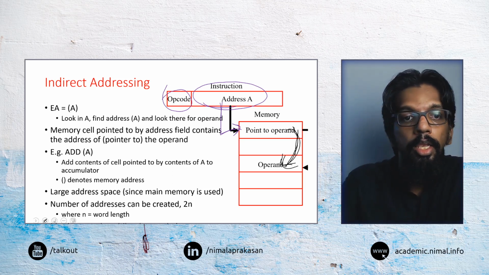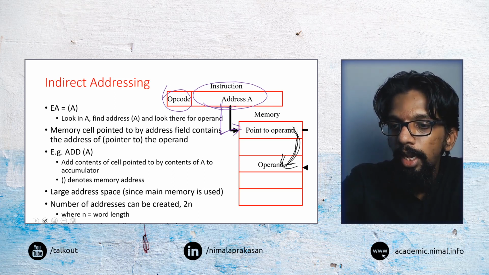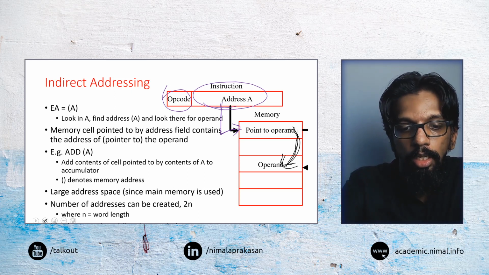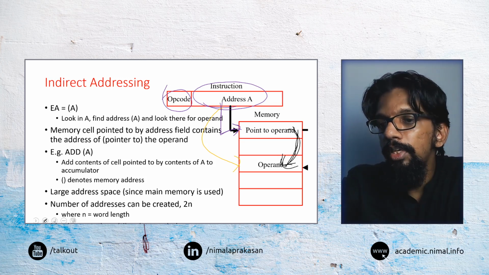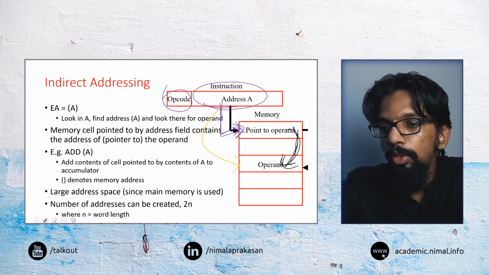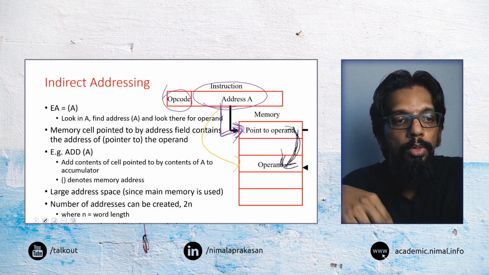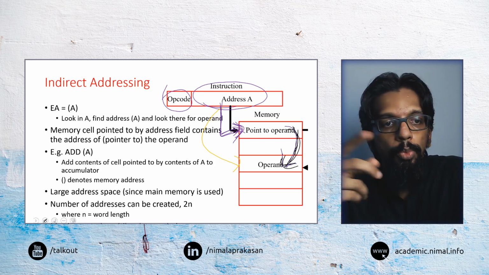So in direct addressing, the address directly pointed to the operand itself. In indirect addressing, the address points to somewhere where there is another pointer pointing to the operand. That is why it is indirect.